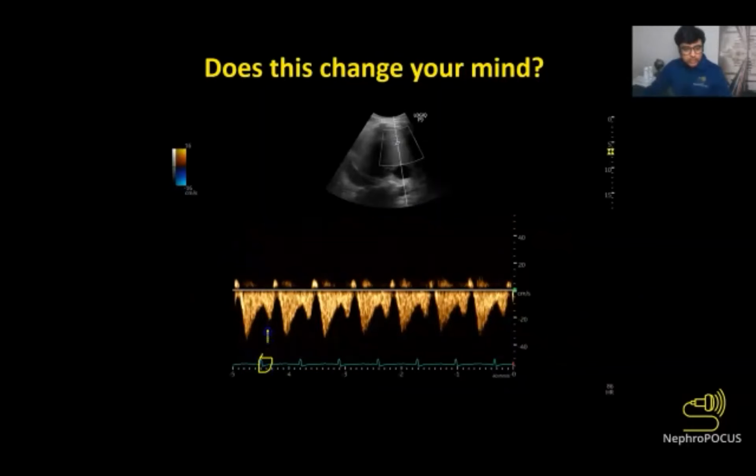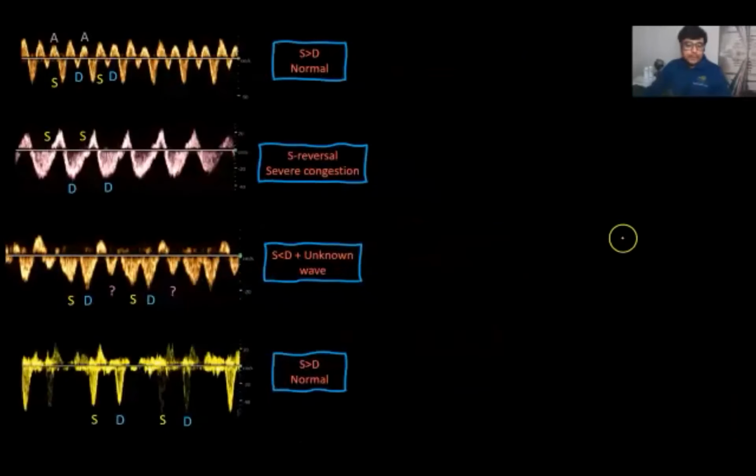So the wave following the QRS complex is this one. So this must be the systolic wave and not the diastolic wave. And this bulge here is the V wave. And this wave here is the D wave. So it's an S less than D pattern and not S more than D, or normal pattern. So it's basically an abnormal pattern.